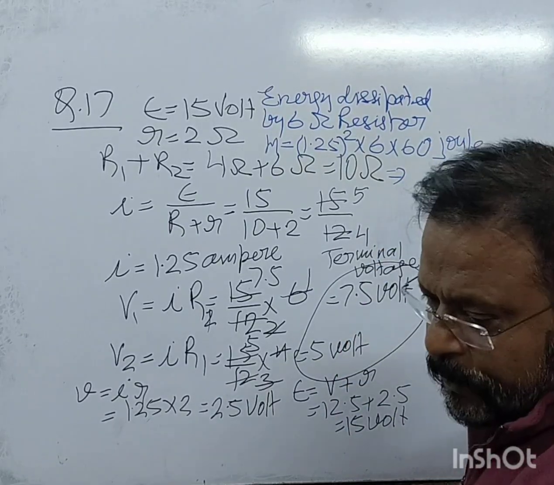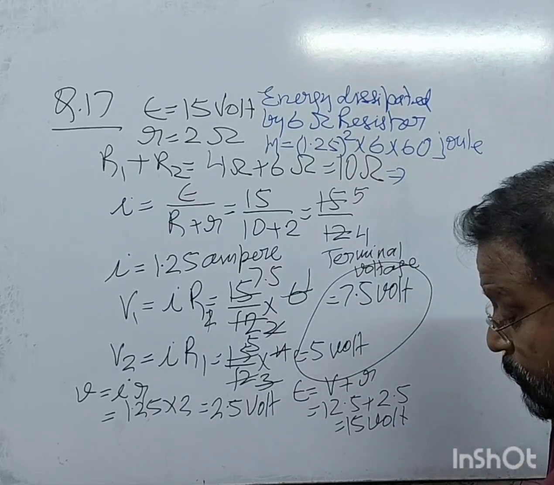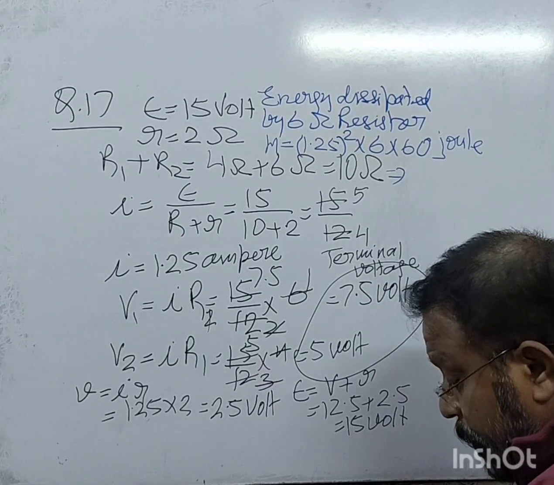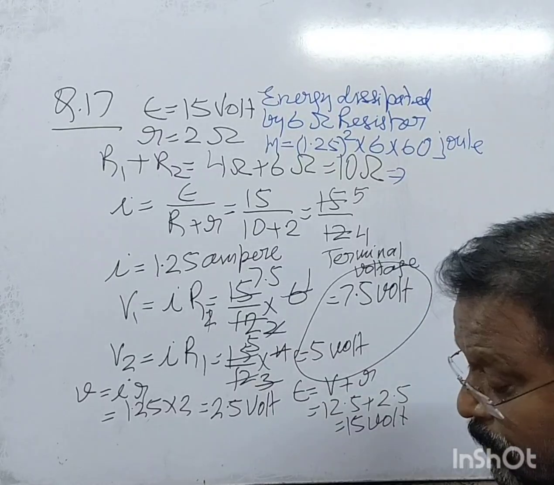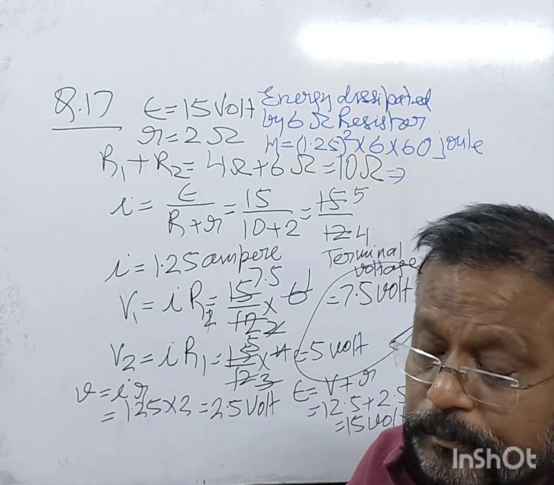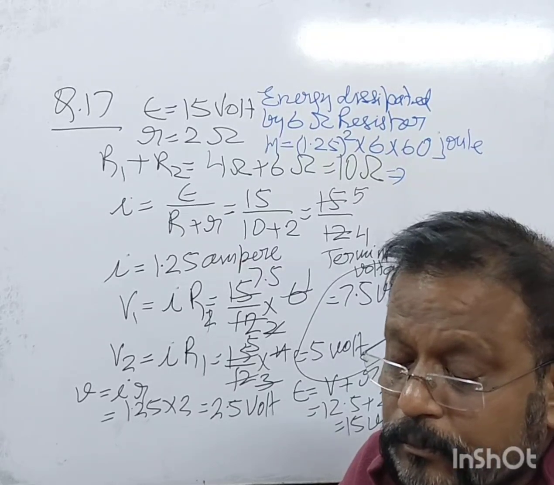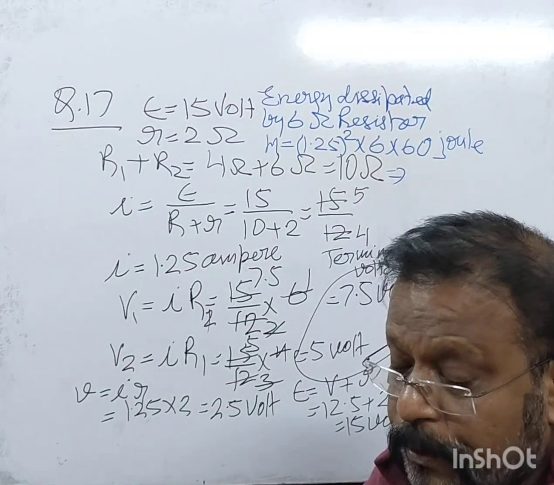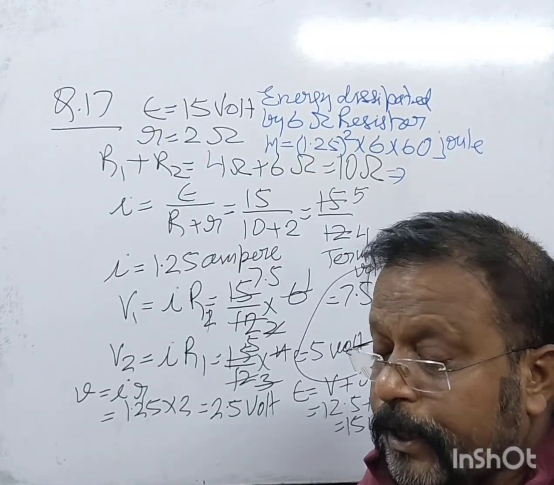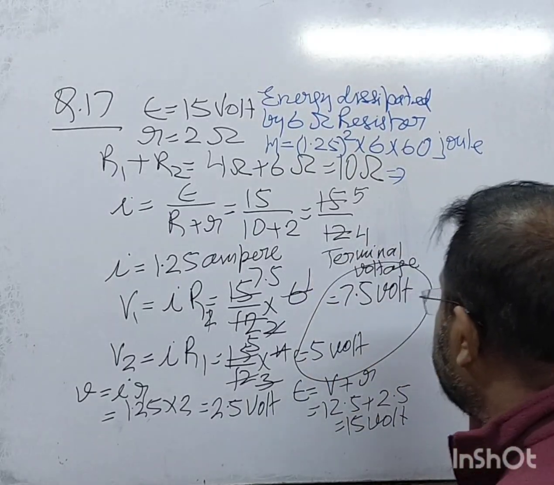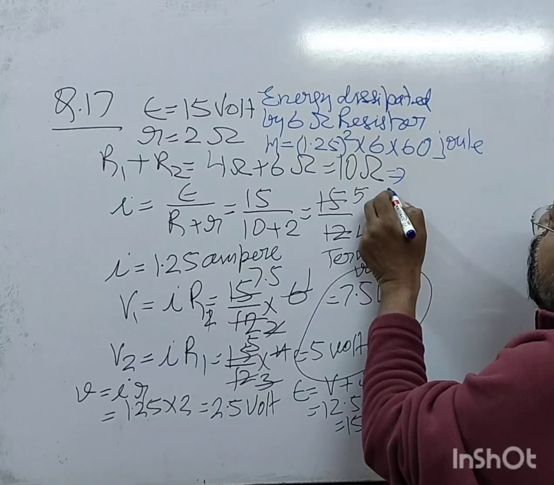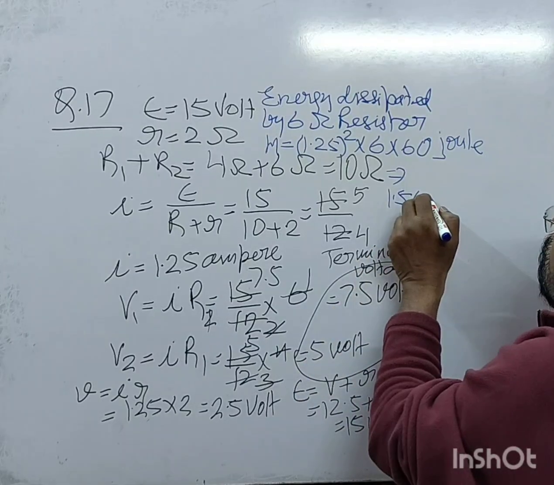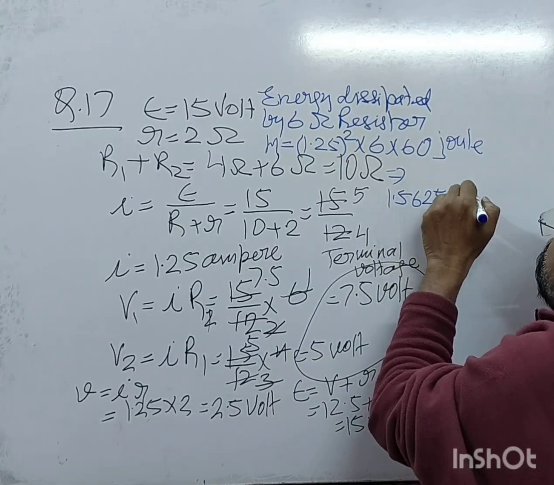So 1.25 into 1.25 is how much? It is 1.5625 into 60 joule.